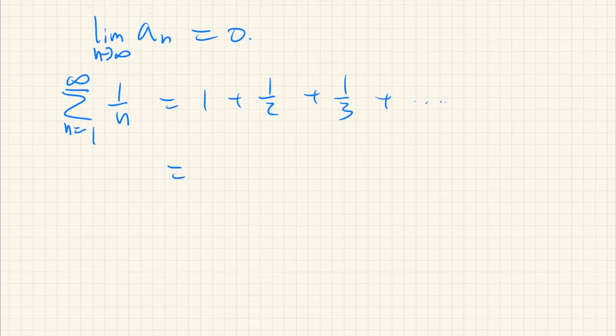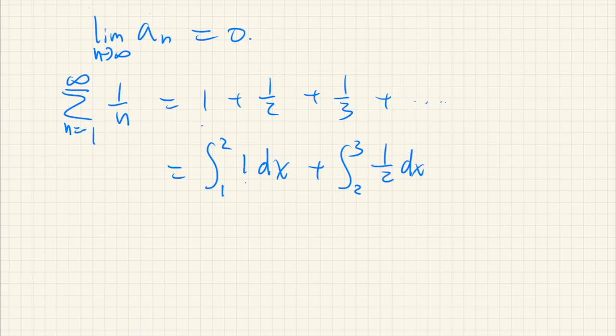Now we express each term as an integral. From 1 to 2, the integral of 1, a constant function, is just 1. From 2 to 3, 1 over 2.